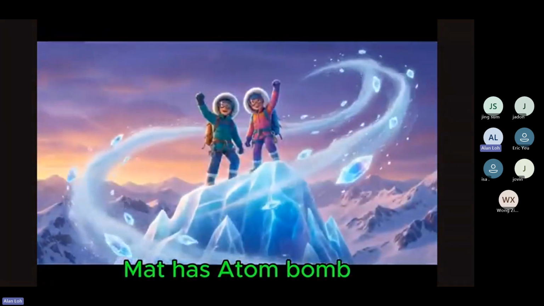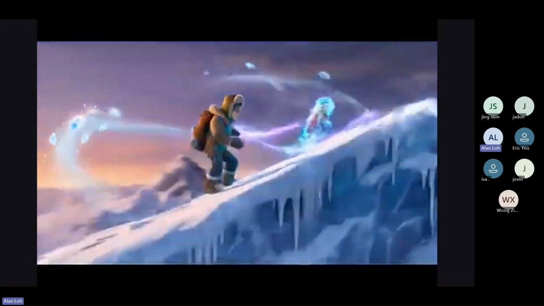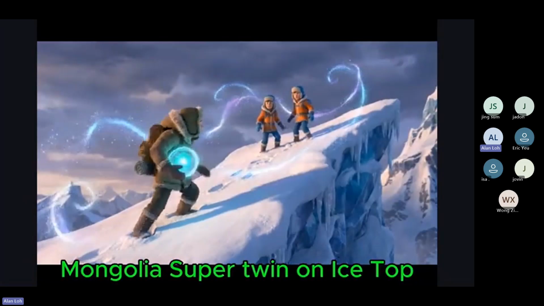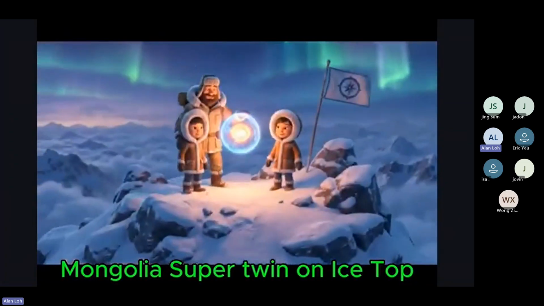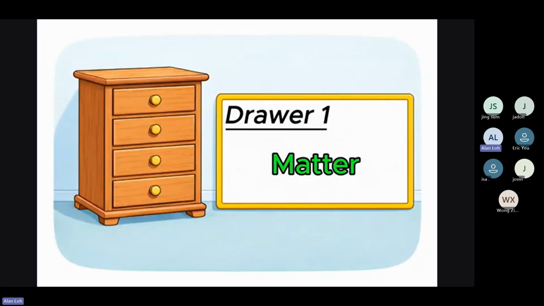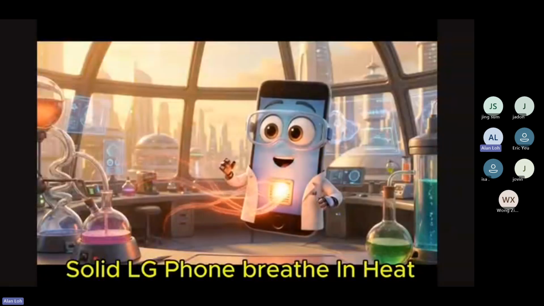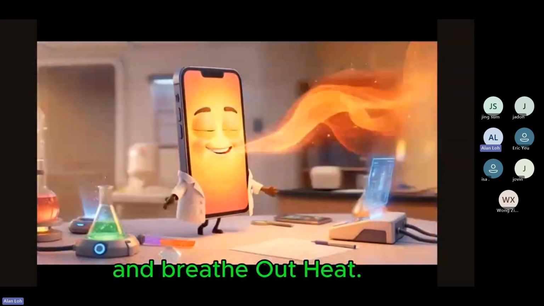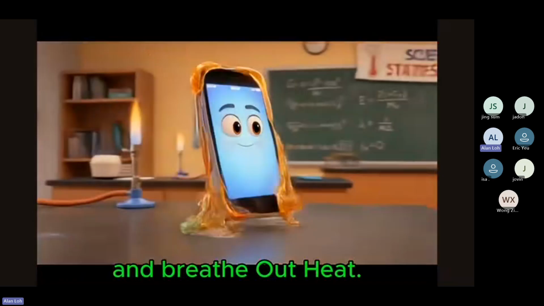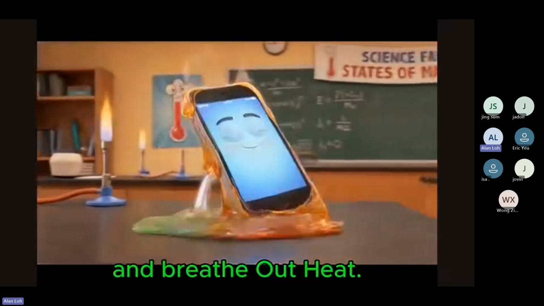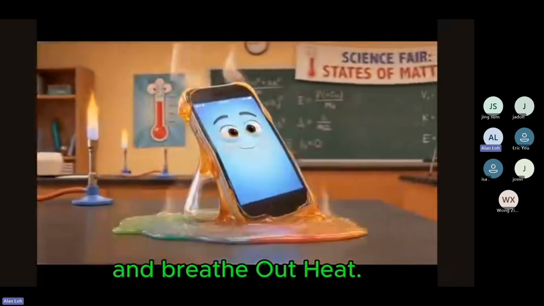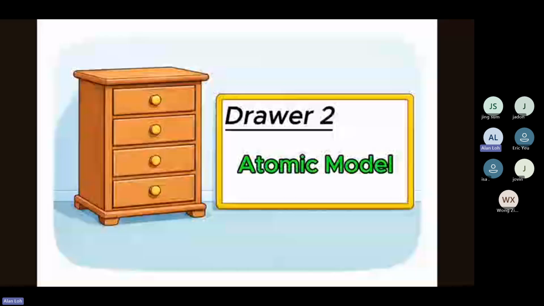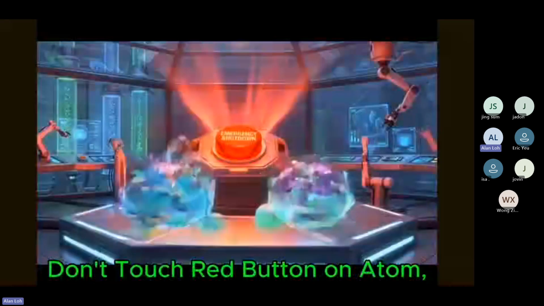Matt has atom bomb. Mongolia's supertwin on ice top. Drawer 1. Matter. Solid, liquid, gas. Breathe in heat, and breathe out heat. Melting, freezing later. Drawer 2. Atomic model. Don't touch red button on atom.